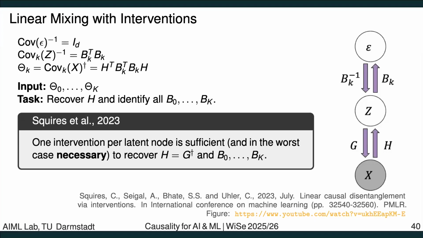But if we have that kind of data, we can always discover the latent process, the latent causal graph and variables. If we have fewer interventions, in some scenarios it might work out, but there are always causal graphs where it might fail or become ambiguous. So we always need all of those interventions to be sure.